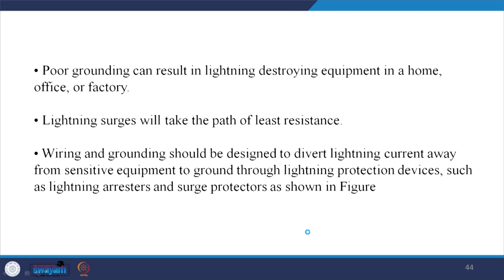Poor grounding can result in lightning destroying equipment at a home and the factory. So, if you do not properly ground all the entities, ultimately if lightning strikes, I know a case where all the fans were destroyed.